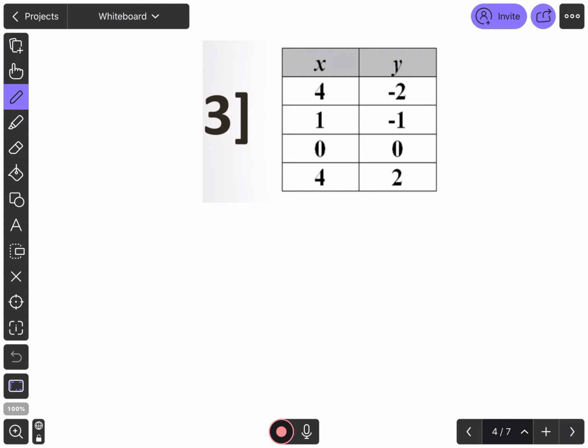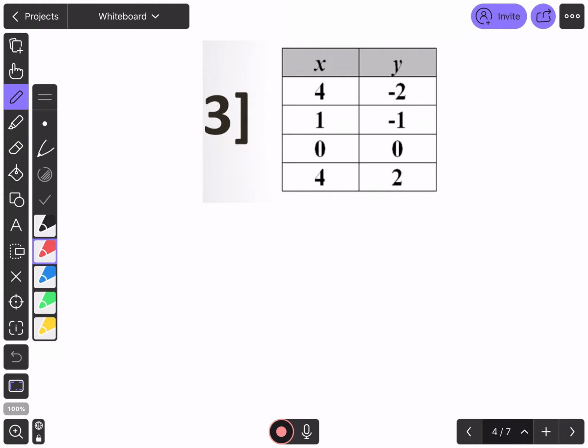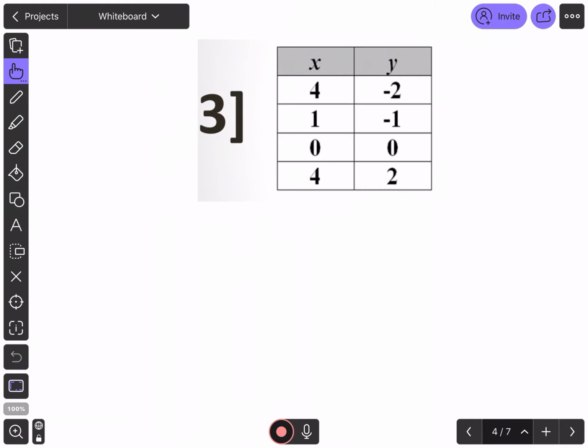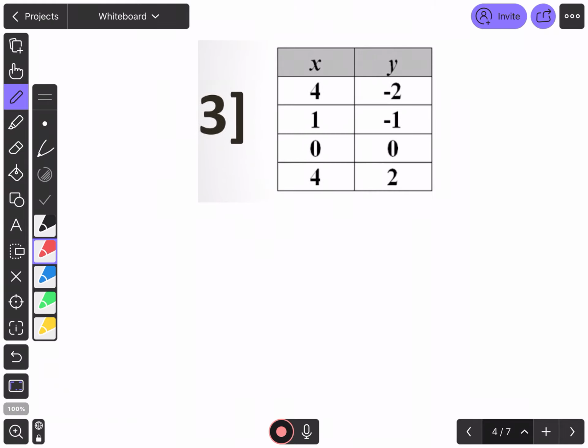Next, we're looking at a table. Again, we're still paying attention to the x values. Look at the x values of this table. Are there any x values that repeat? 4 and 4.